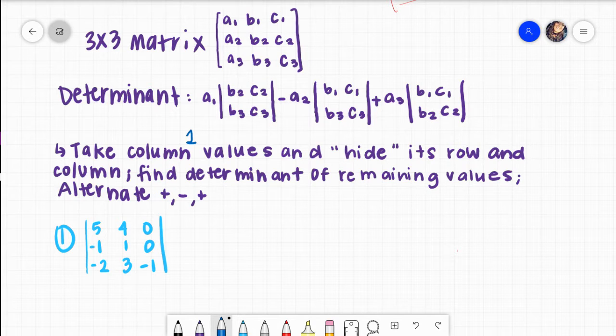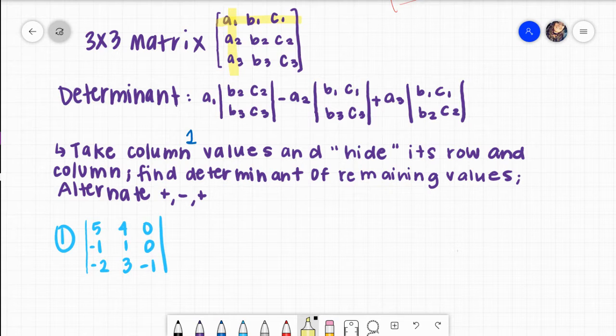The way I found those remaining values is I hid the row and the column. I'm looking at A sub 1. Here's A sub 1, right? I'm just going to highlight it, y'all. I hid the column and the row. So this one's actually, I said it opposite of what I highlighted. I'm not talking about A sub 1, right? I hid its column and I hid its row.